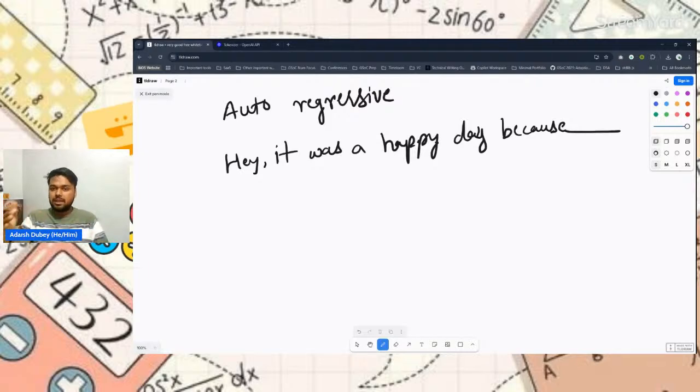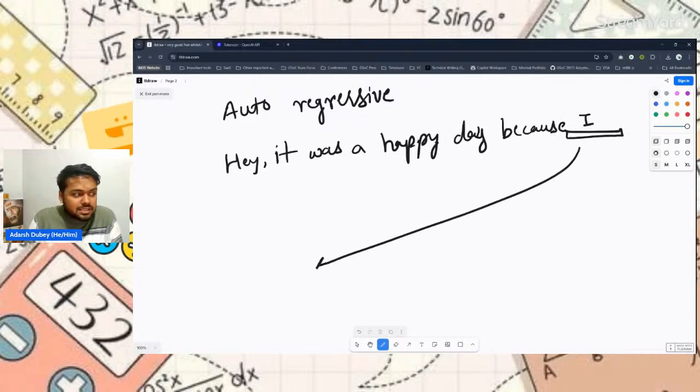What the model will do is generate the next word. It will predict what can be the next word. Suppose it predicts "I", so "because I". Then I'll give it the entire sentence again, from "hey" and everything in between to "because I", and I'll ask it to predict the next word again.